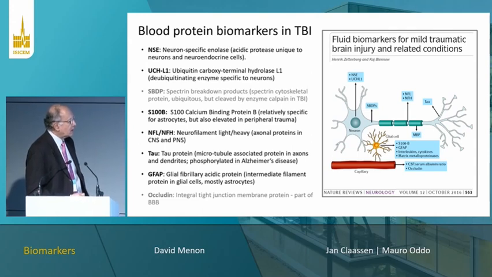S100B is a glial marker. NFL and NFH, neurofilament light and heavy, are probably axonal markers. Tau is an axonal and dendritic marker, and GFAP is another astrocyte marker. So there is a promise based on this of some specificity to cell body types and potentially for types of injury as well.